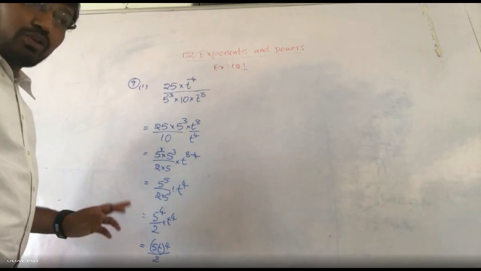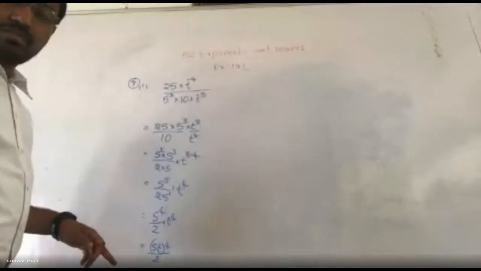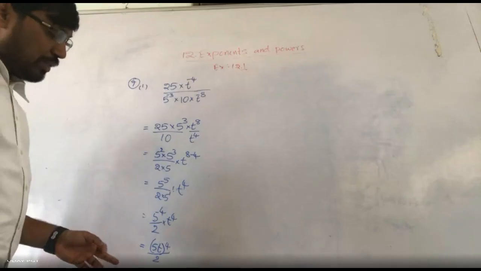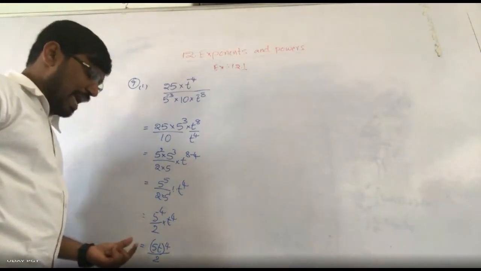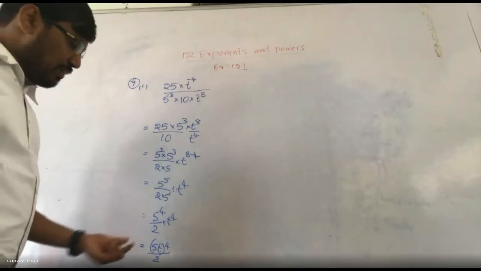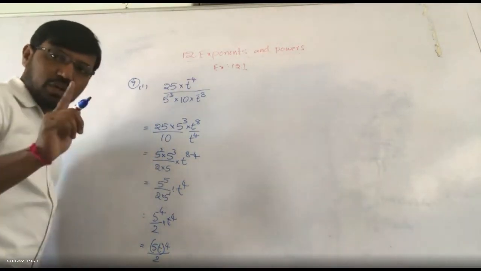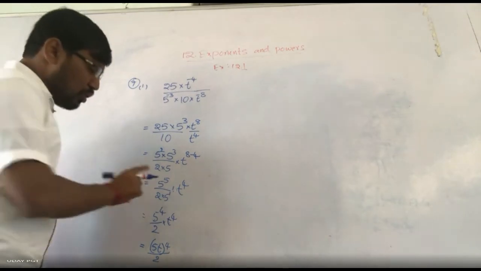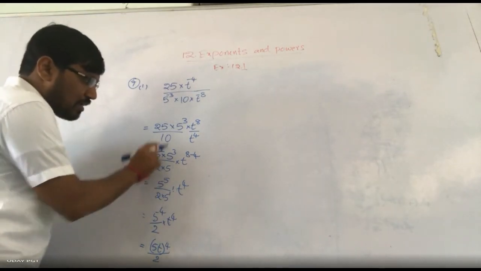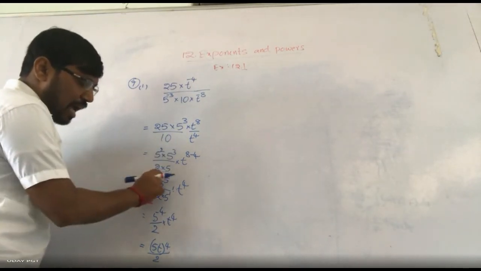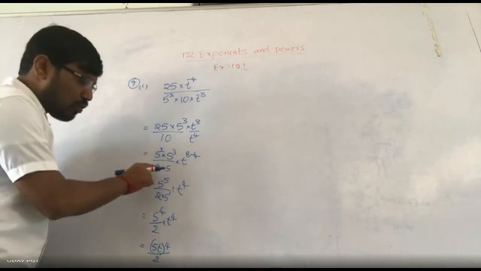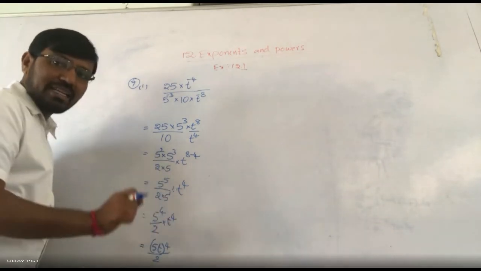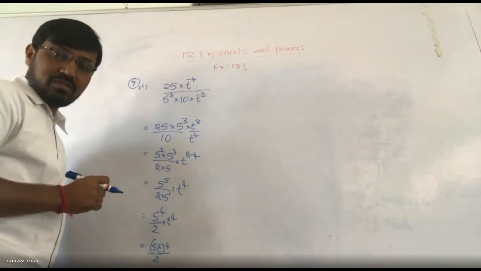No. Here 2 is only one time, because I wrote 10 as 2 into 5. This is the chapter of exponents and powers, so how can you write it as 2 by 5 whole power 4?